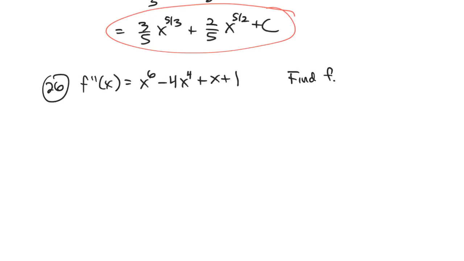We've got the second derivative, so we're going to have to take the antiderivative to get to f prime. So if this is f double prime, well then f prime is going to be, basically I have the power rule a bunch of times, right? So we're taking the antiderivative, so it's going to go up by 1, and I divide by the new power.